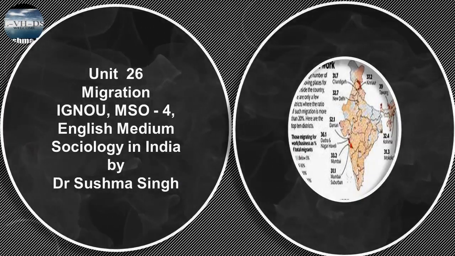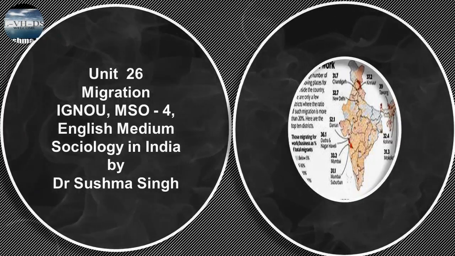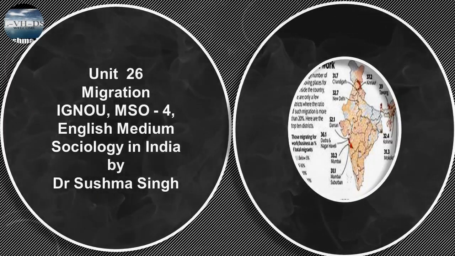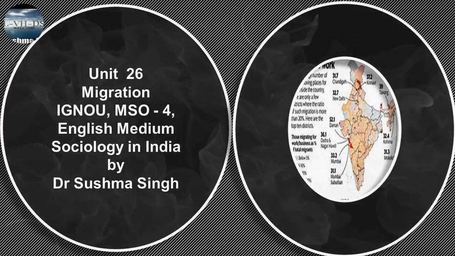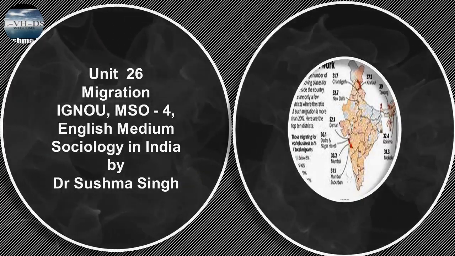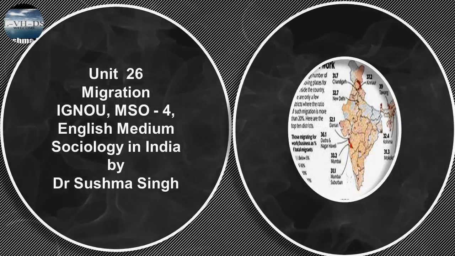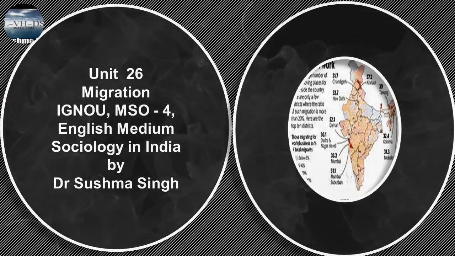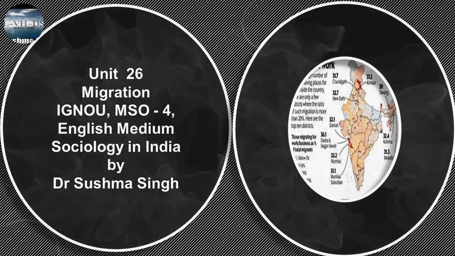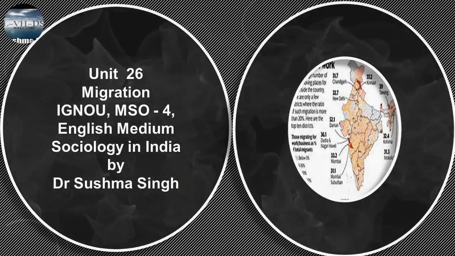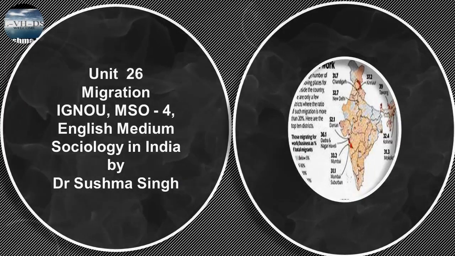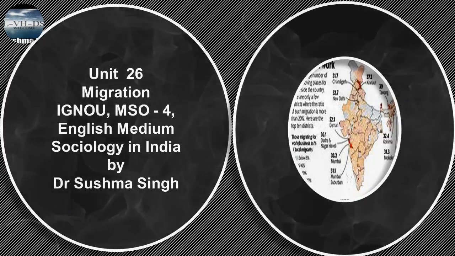There are also periodic movements which are related to vacations, fun making, or business. But such trips are specifically a characteristic feature of the affluent sections of the population only. The poor cannot afford such movements. In India, periodic movements of millions of people are a common phenomenon.